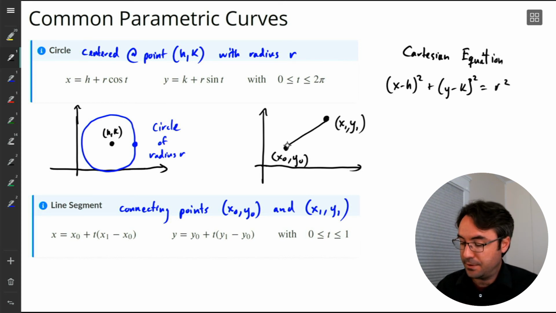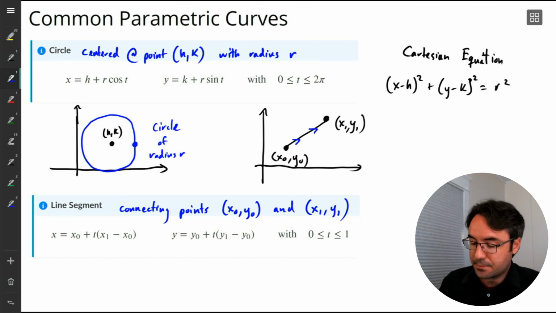And so this curve here, a perfectly good curve in the xy plane, we can describe it with these parametric equations. And the direction here, it's important to remember our direction. This is our starting point, this is our ending point, and so we just go along this line segment in this direction. Now for our circle, we're going counterclockwise. So we start at this point and then we go in a counterclockwise direction around the circle.